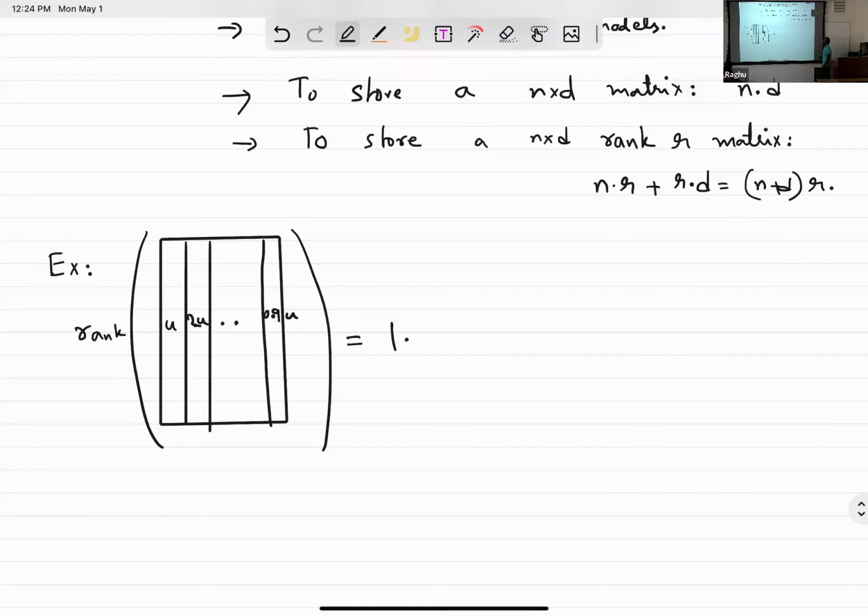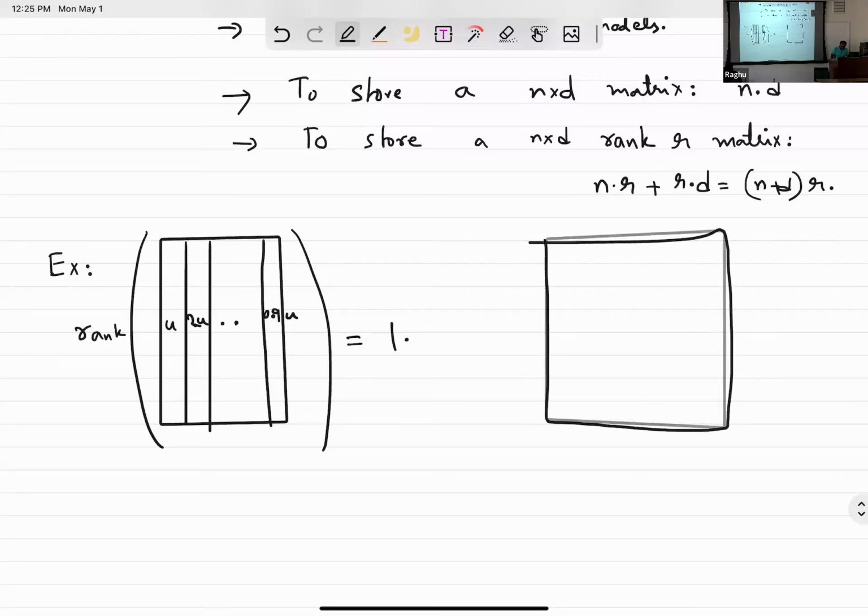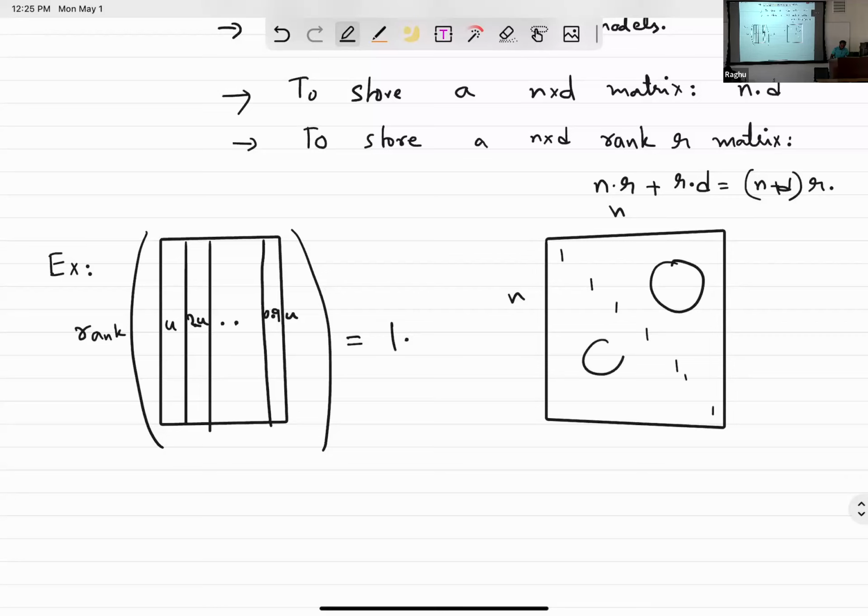Because every row is proportional to U. So the span of the columns is 1 dimension. Okay. On the other hand, let's say I take the identity matrix, n by n. On the diagonals, I have 1, and the off diagonals are 0. This is the identity matrix. What's the rank of the identity matrix? n. It's full rank, right?